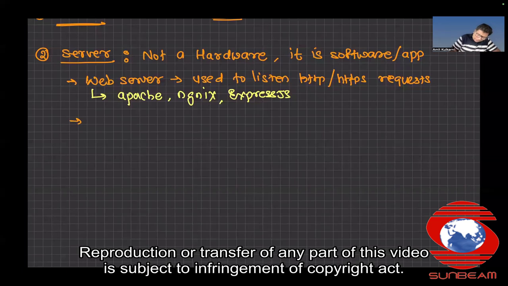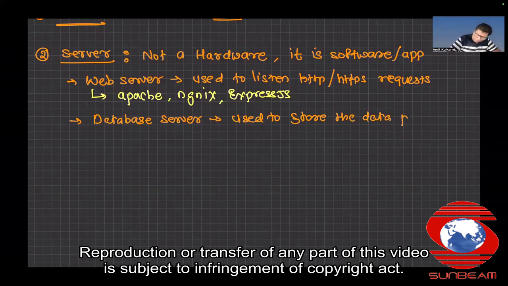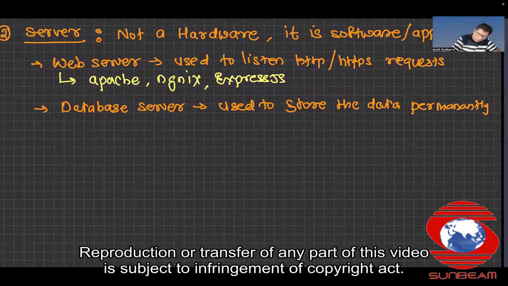Another type of server could be a database server. This is also an application. Everyone knows it is used to store or persist data, to store the data permanently. Again, there are two types of databases in the market.